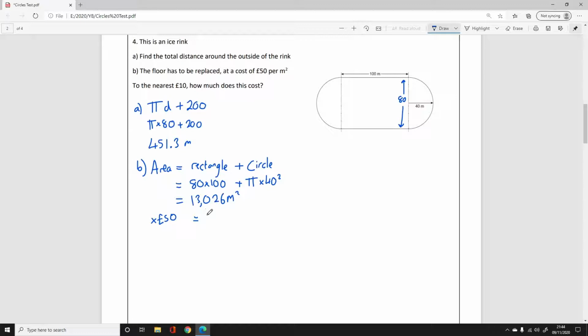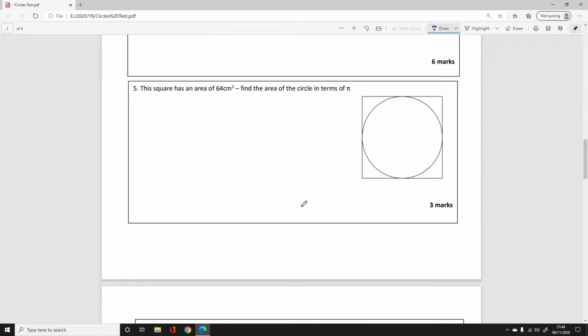It's going to be an enormous cost of £651,327 and 41p. Now it does say to the nearest £10, so we should round that as being equal to £651,330 or thereabouts. Okay, let's keep going.